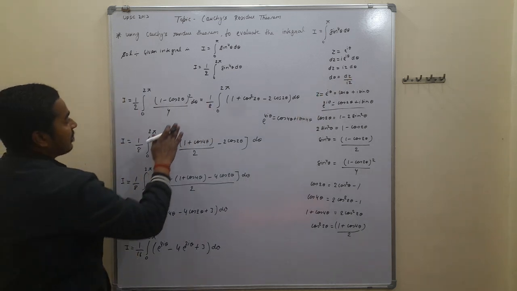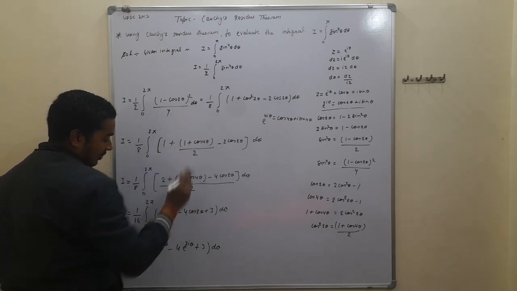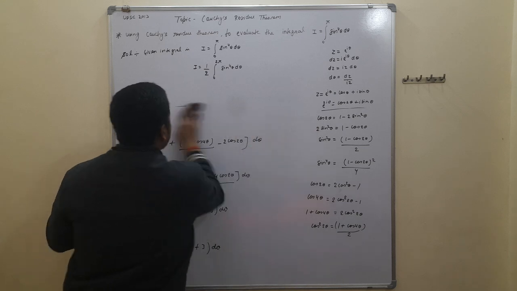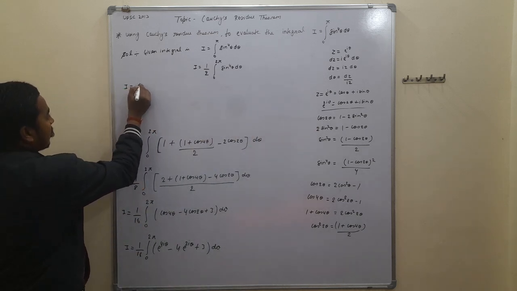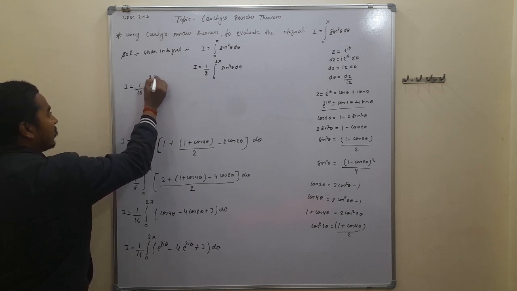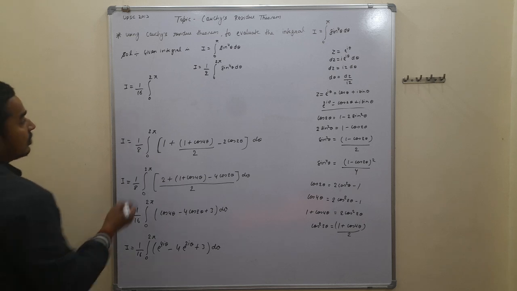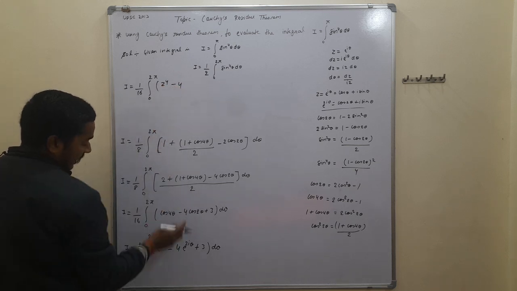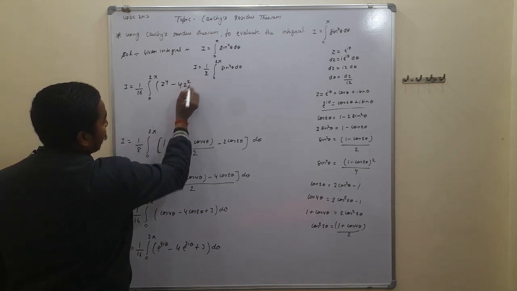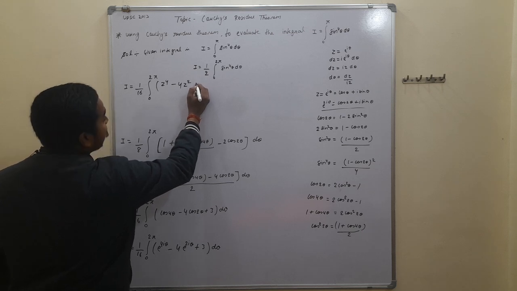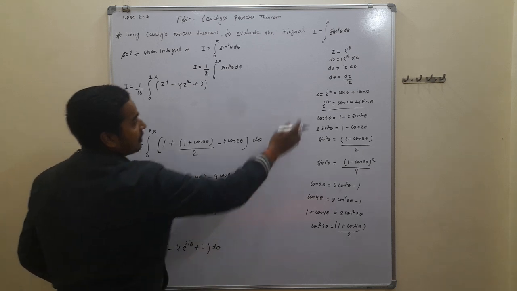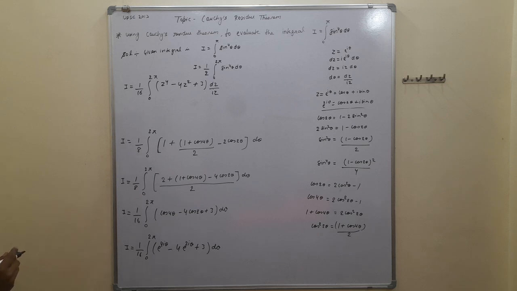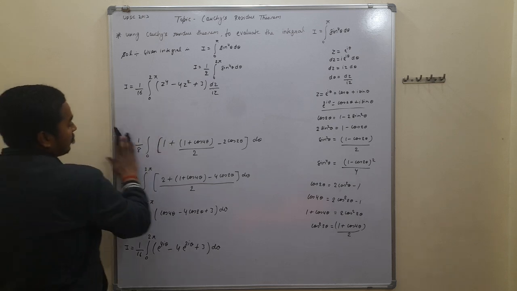So we can put the integral I is equal to 1 upon 16, and the integral limit is 0 to 2 pi, and in place of e to the power of 4i theta we can write z to the power 4, minus 4, and e to the power 2i theta we can write z square, plus 3, and in place of d theta we have to put dz upon iz, and further once again 2 plus 1 is 3.